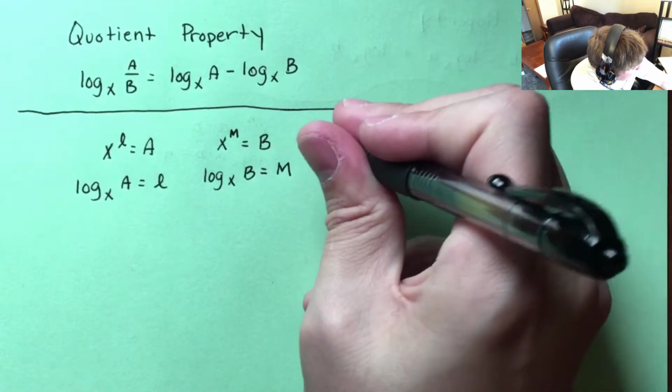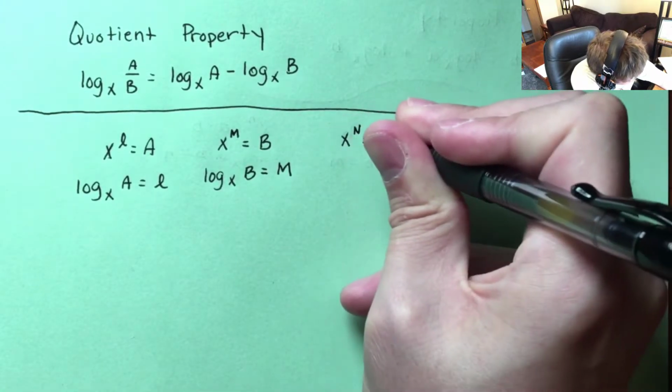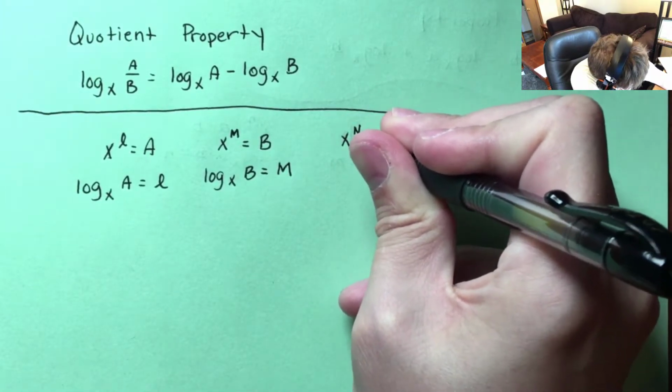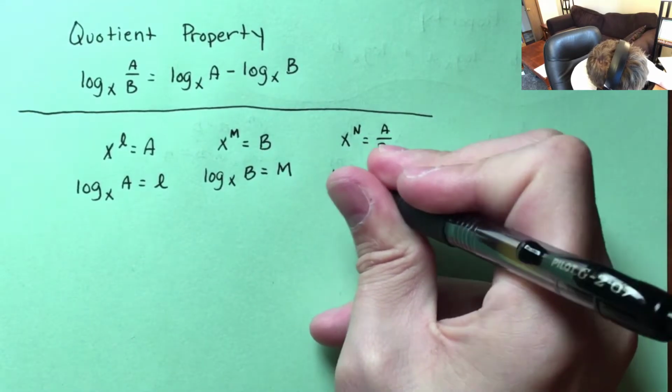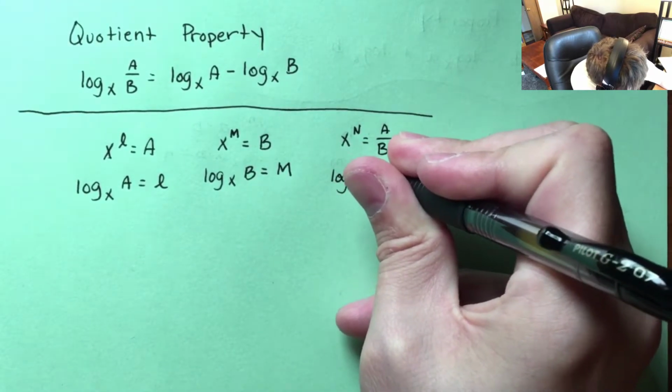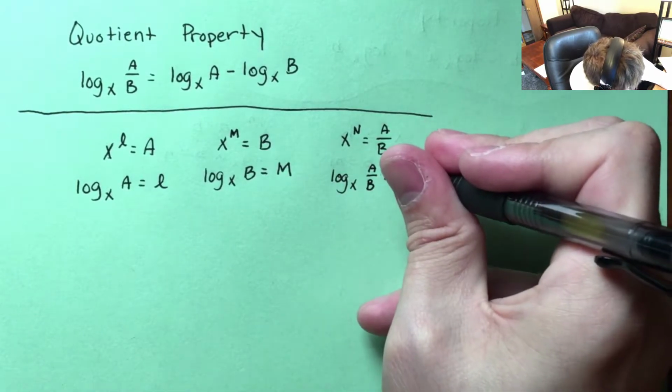Then let's set up the third one. Let's say x to the n power is equal to a divided by b, and so my logarithm base x of a divided by b is equal to n.